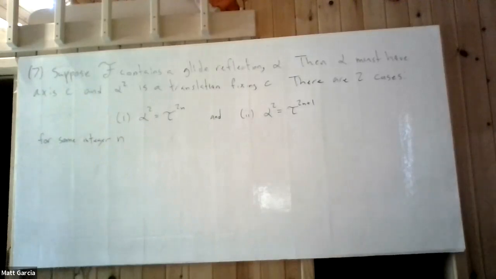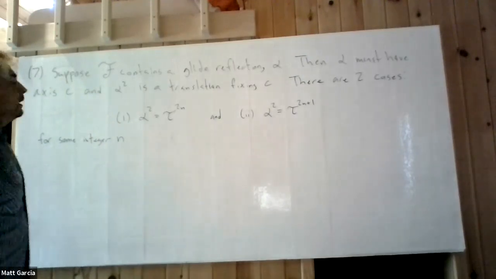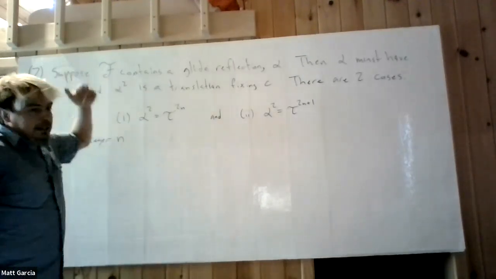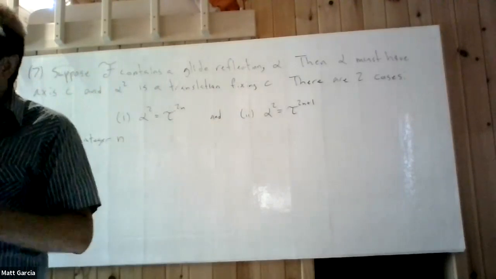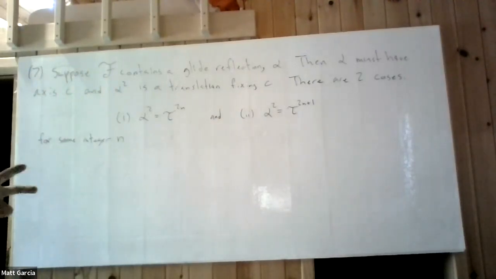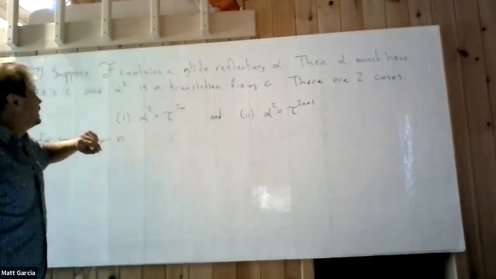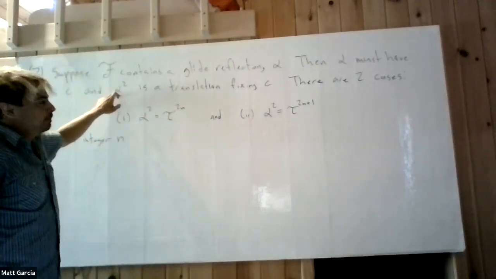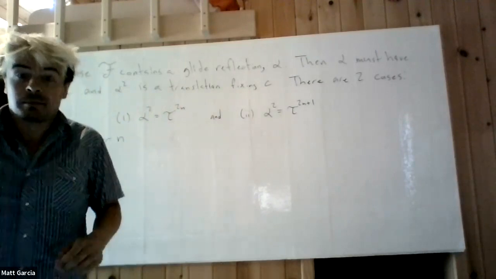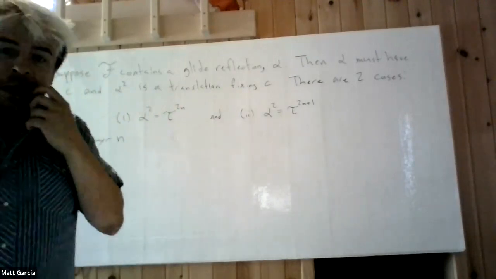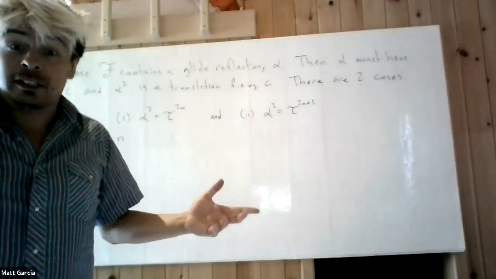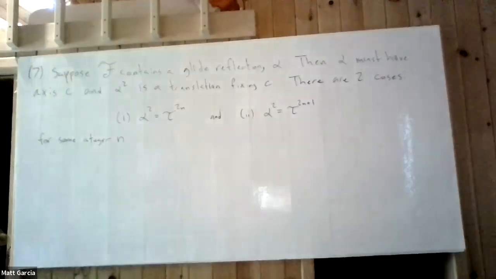Right? Either alpha squared is an odd power of tau or an even power of tau. Because remember, the characteristic of being a Frieze group means that the subgroup of all translations is cyclic, meaning that once we have a translation that is in F, it must be some power of tau. Okay? And we'll address these 2 cases, even and odd, separately.